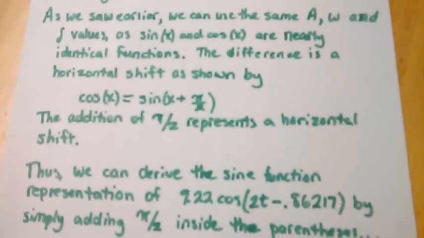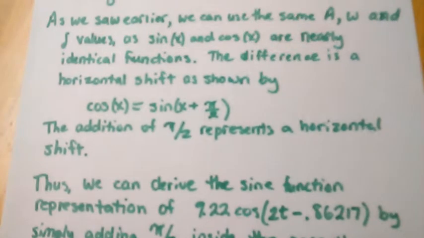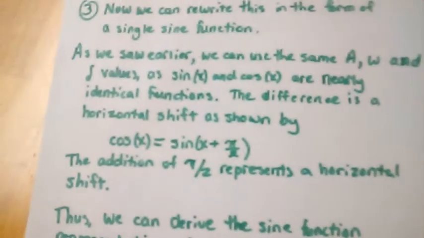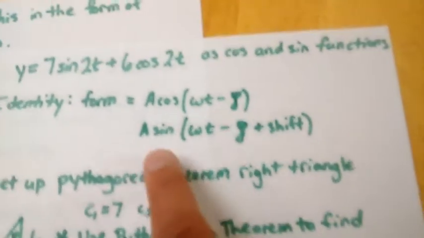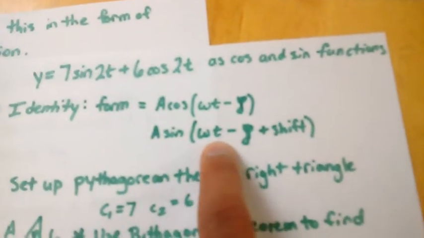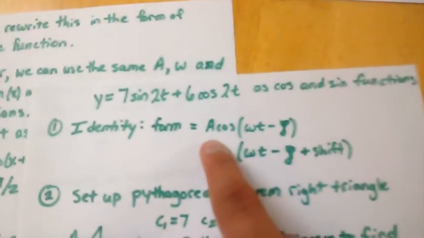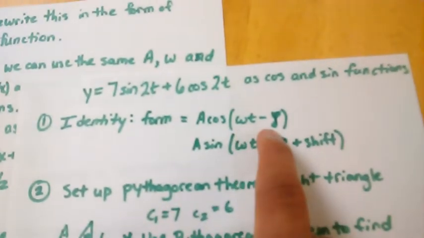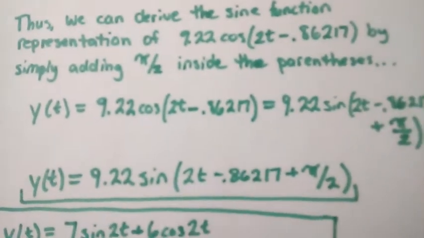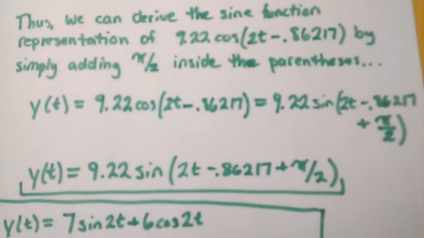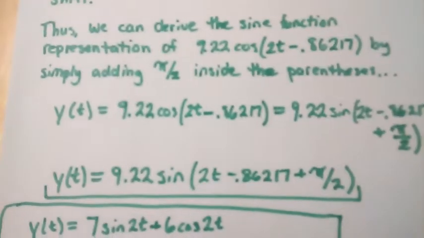And since by this form here we have a sine of omega t minus delta plus the phase shift, we also have a cosine of omega t minus delta. So, in order to write the sine function, we can take the same properties from the cosine function and substitute them in here.